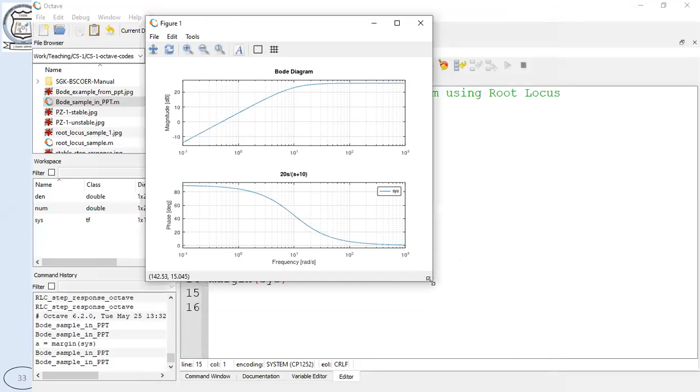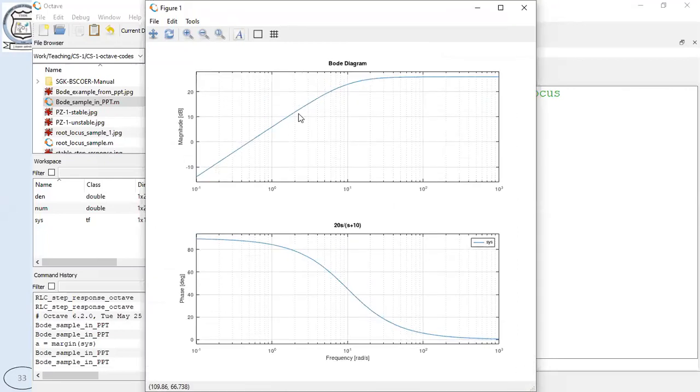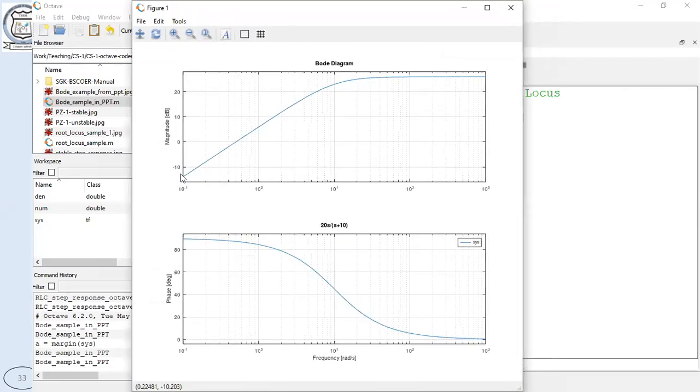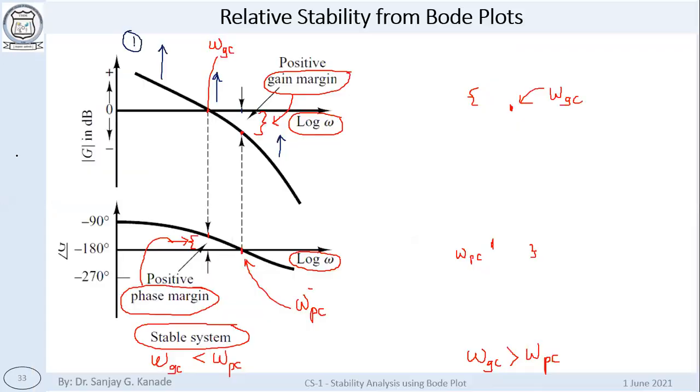You can see when we run the Bode command, the graph is plotted like this, magnitude plot on the top and phase plot on the bottom. It does not plot the asymptotic plots. When we plot on paper, what I showed you is we take straight line approximations, and after a particular level we will have some angles in the graph.